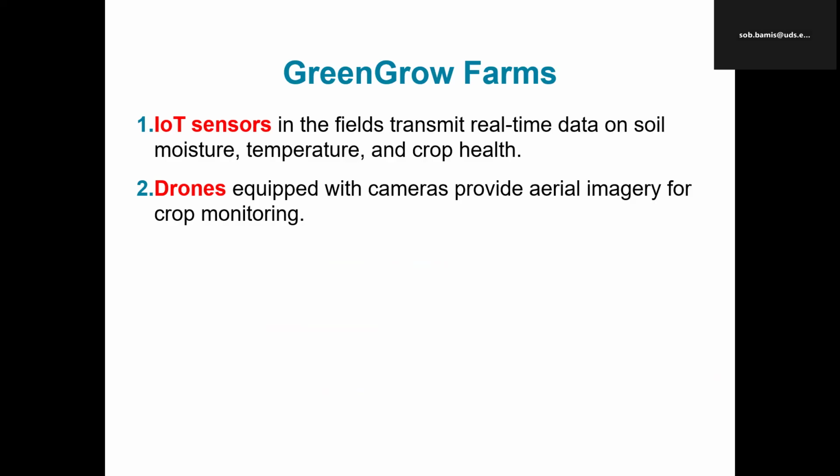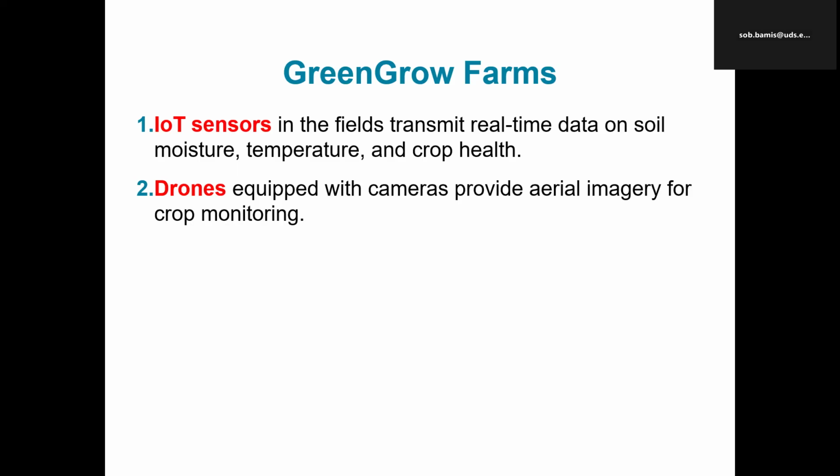So having different devices coming together, gathering information and sharing it among themselves over the internet, that's what we mean by Internet of Things. These IoT devices have sensors. The sensors go around, understand what is happening, the temperature in the farm, the soil moisture, and all those things, and transmit that data.